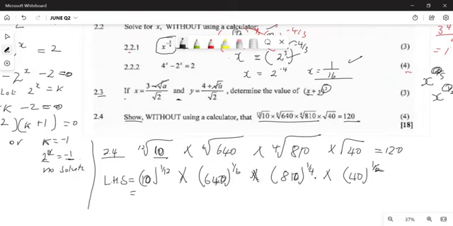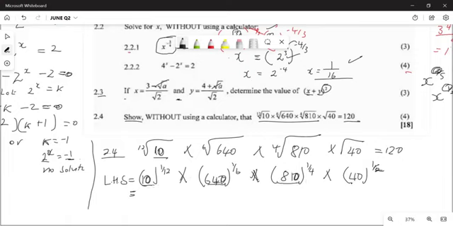Why are they not equal? What is supposed to be equal? This one is not a prime, this one is not a prime, this one is not a prime. Perhaps we can try to change them into prime products.